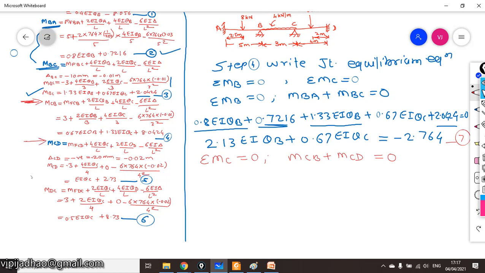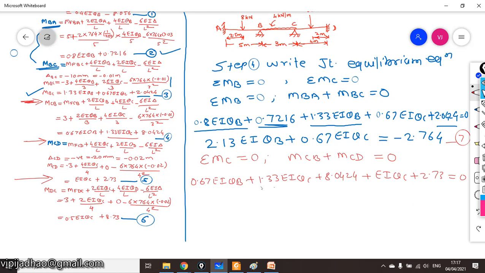So add these two terms, MCB and MCD, therefore 0.67 EI theta B plus 1.33 EI theta C plus 8.0424. This is MCB and MCD. The equation is this equation number 5. Therefore plus EI theta C plus 2.73 is equal to 0.